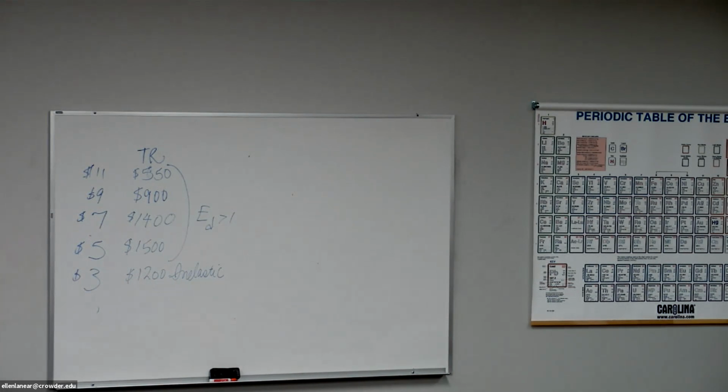So number 6 says if a business increased the price of its product from $7 to $8, so they're increasing the price, and the price elasticity of demand is inelastic, then what they're going to see is total revenues increase. If it's inelastic, increase in the price, increase total revenue.